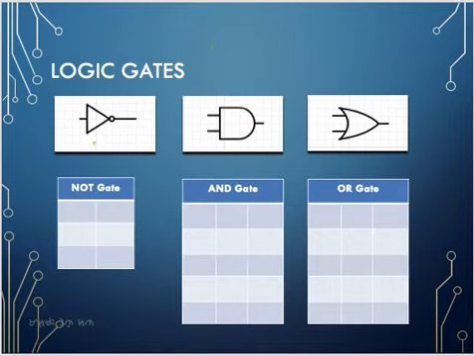Tapos, meron silang kanya-kanyang logical meaning. So, in this case, kung makikita nyo, NOT gate, ano ba ang ginagawa ng NOT gate? When we say NOT, so if you have an input, ang output niya is simply the inverse of that input. That's why tinatawag natin siyang inverter, most of the time.